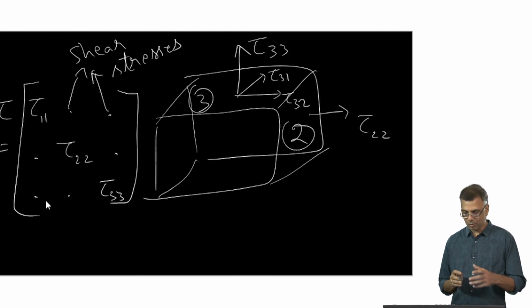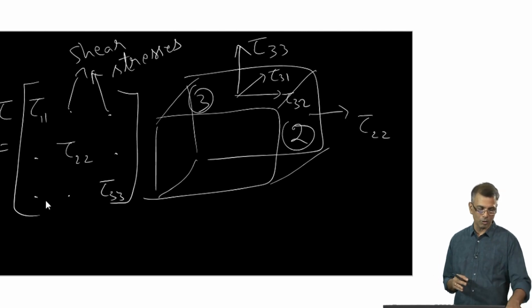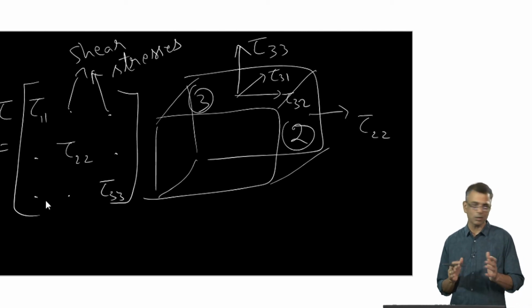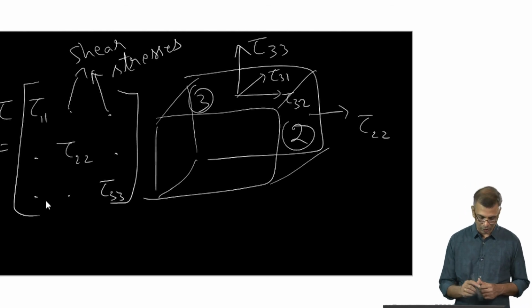The components of mu will also form a matrix, which we call a tensor. There's really no need to go into more detail about what a tensor is. You can simply think of it as a matrix, and it's the same way one thinks about elasticity for solids.